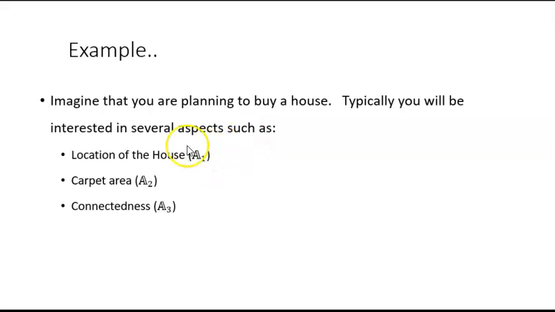You may have several such aspects. I have considered only these three for simplicity. Later, as an exercise, you may want to consider several others and try to build a rubric for it. For now, I'll consider these three and develop a rubric around these.